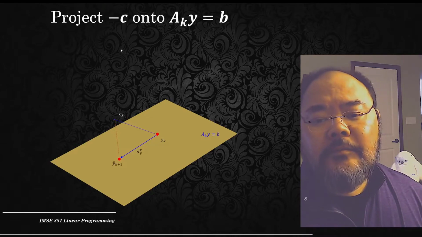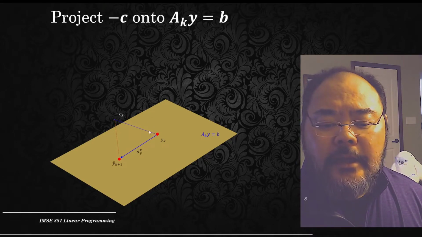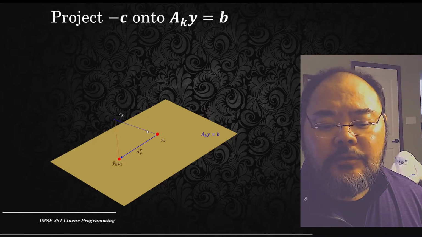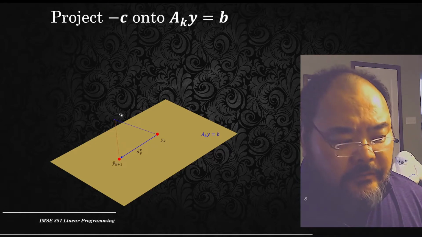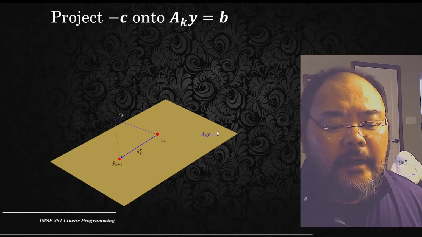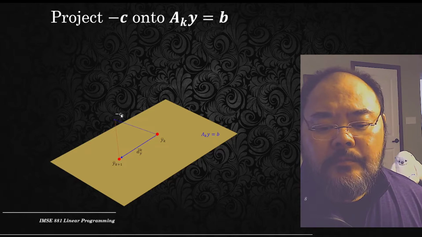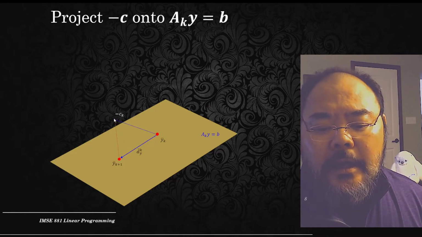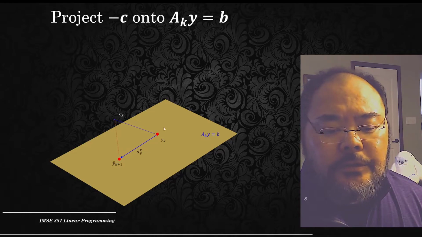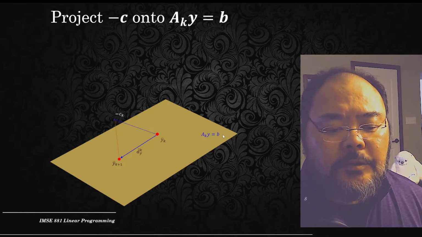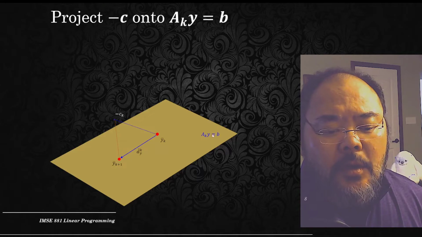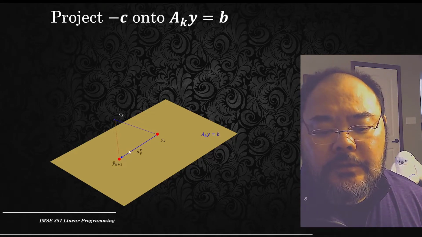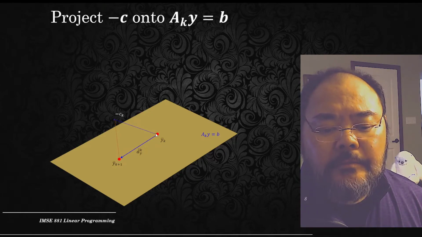The concept of this projection is that the negative CK is the best improving direction I can find, but the negative CK may not be feasible because it doesn't satisfy AK times Y equals B. So one method is taking the negative CK and projecting it onto the null space of AK times Y equals B, which gives the dyk. We define it right here.